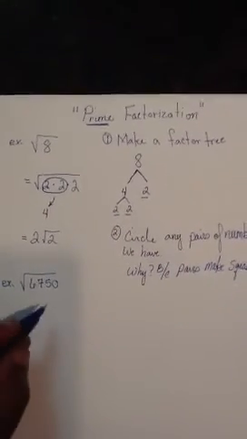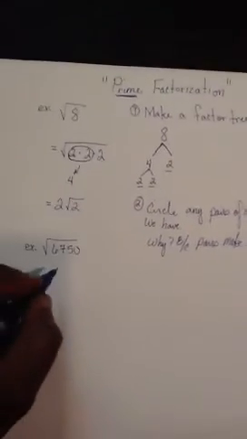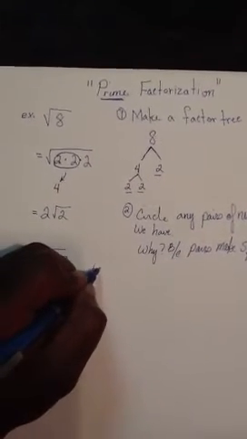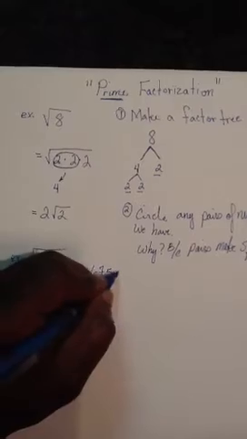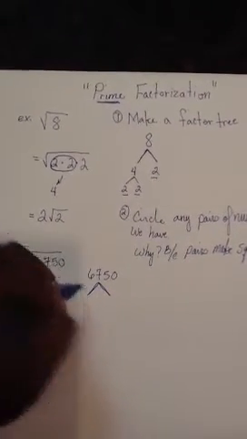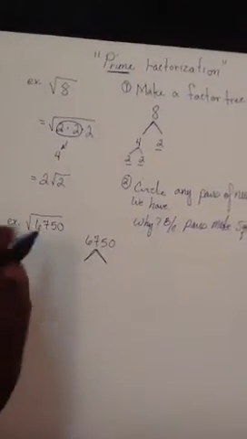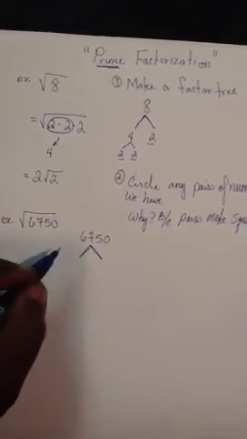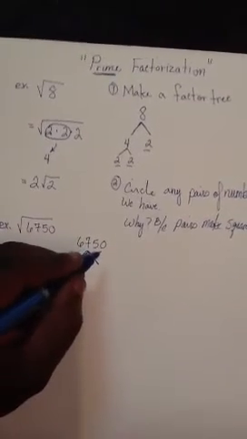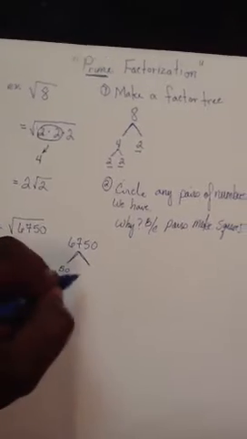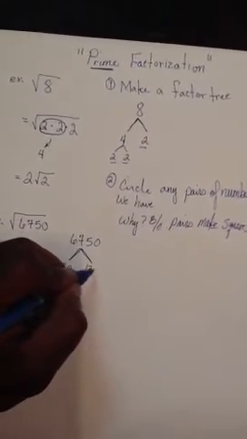So, looking at our number, 6,750, we want to find out what two numbers we can multiply together that will equal 6,750. Now, off the top of my head, I choose 50 and 135.